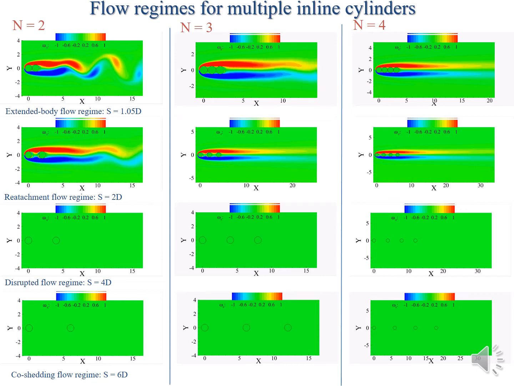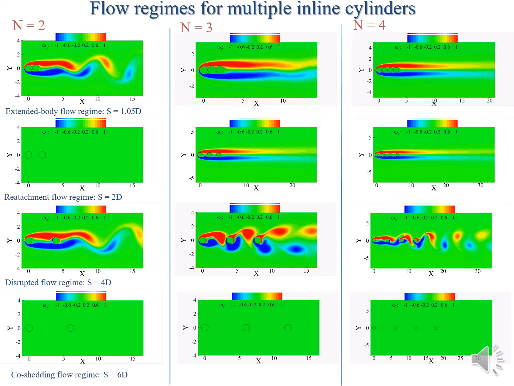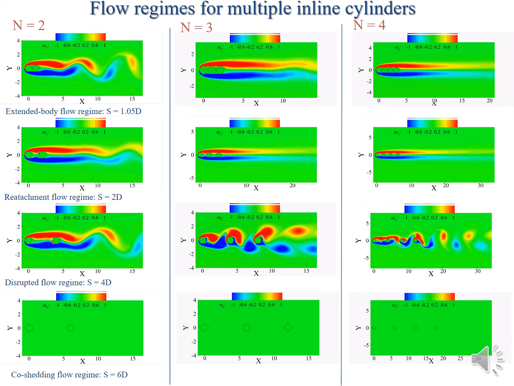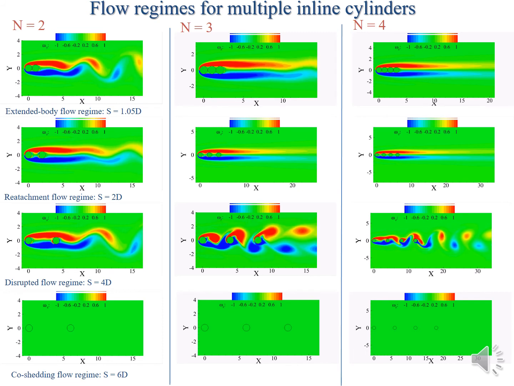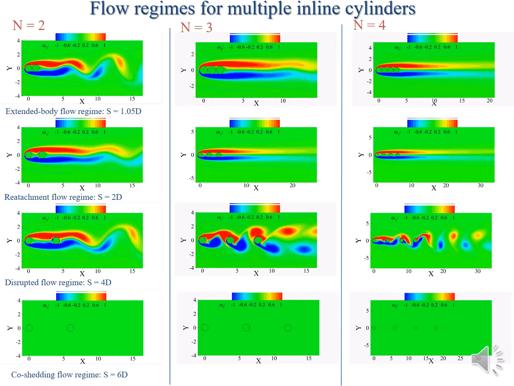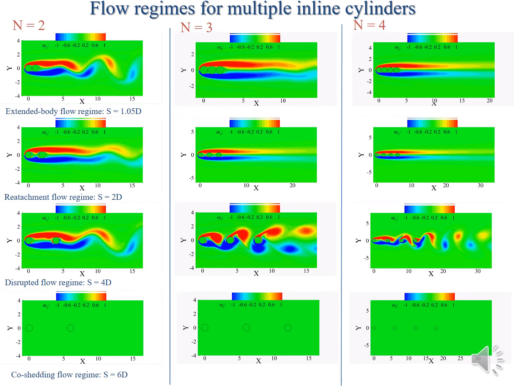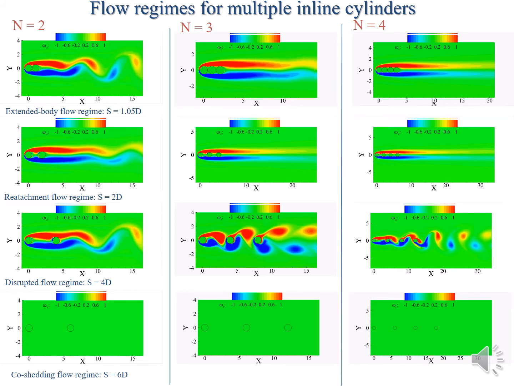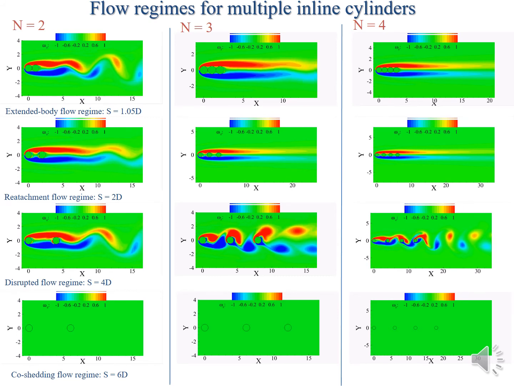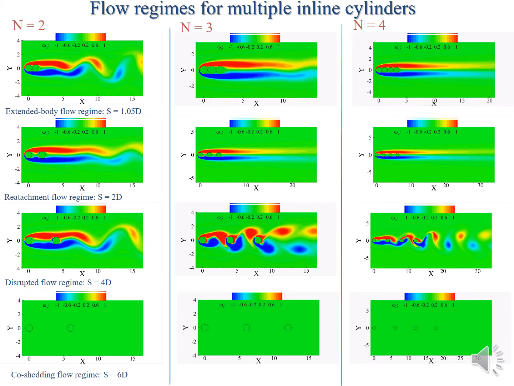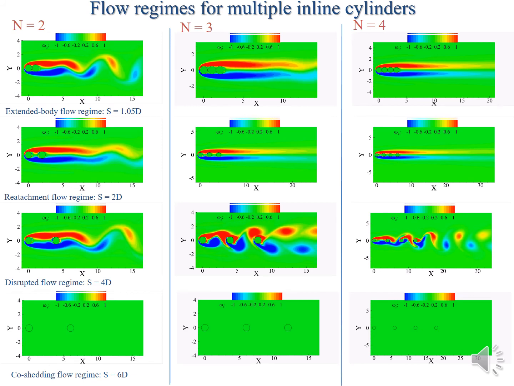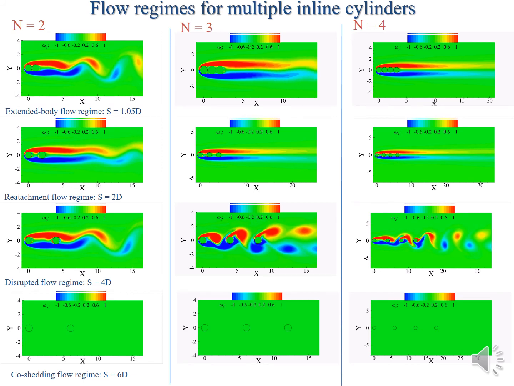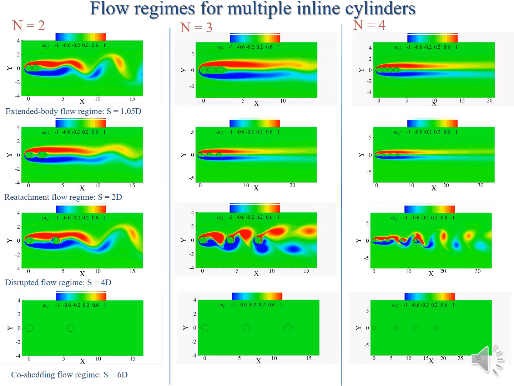If we look at a gap ratio of about 4, as we increase the gap ratio, we find that we now have a shear layer that is attaching momentarily onto the surface of the other cylinder. It goes and attaches to the other cylinder, but is momentarily disrupted because there is a noticeable development of vortices from the upstream cylinder. In most cases, the vortices from the upstream cylinder develop, but they don't shed.